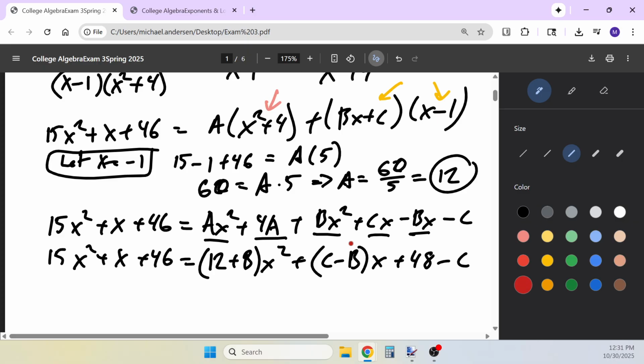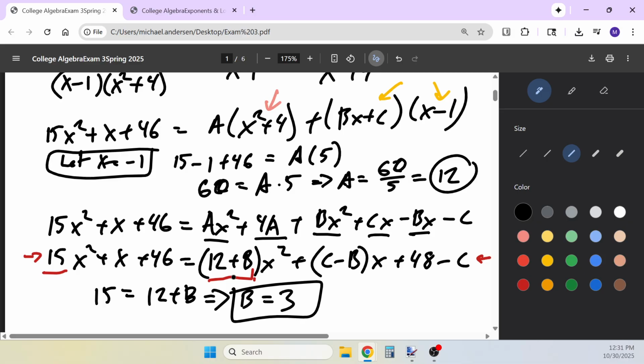What we know is that the left and right sides have to be equal everywhere, meaning that the x squared coefficient on each side has to be equal. So if 15 equals 12 plus b, that means that b equals 3.